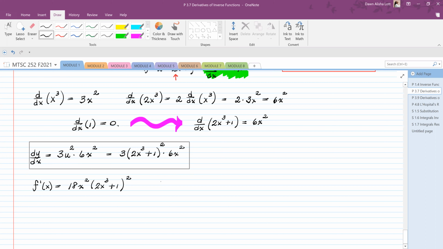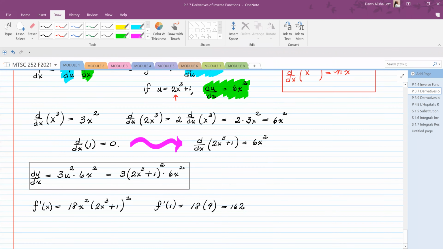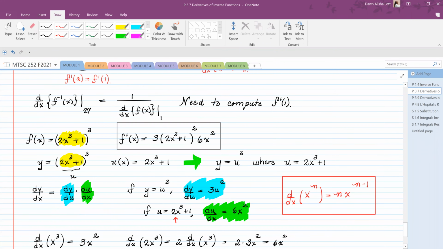And I need f prime at 1, which says I'm going to take 18 and multiply by 2 times 1 plus 1, that's 3 squared, which is 9. So 18 times 9 turns out to be 162. Now we have found what we needed. All of that was just to find f prime at 1.